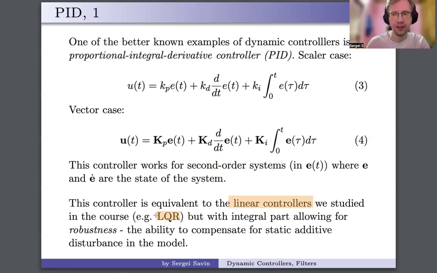It is equivalent to that, but with one addition. It has an integral part, which allows it to compensate for static additive disturbance. Okay. We will not discuss it right now because it's slightly outside of the scope of the course, robustness questions. But basically, you can think of it like this.